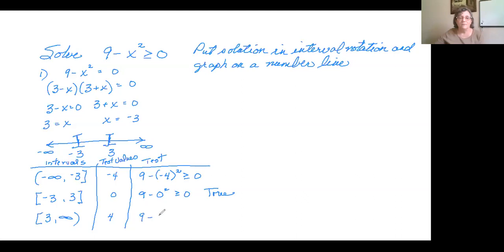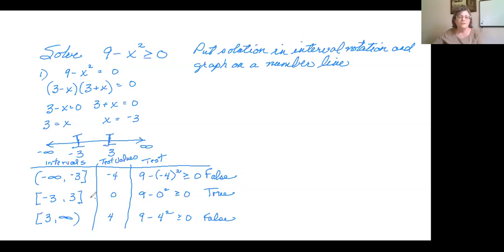And then I've got 9 minus 4 squared greater than or equal to 0. This is going to be false because 4 squared is 16. 9 minus 16 is not positive. Greater than 0 is simply a way of saying positive. So this is false, sorry.